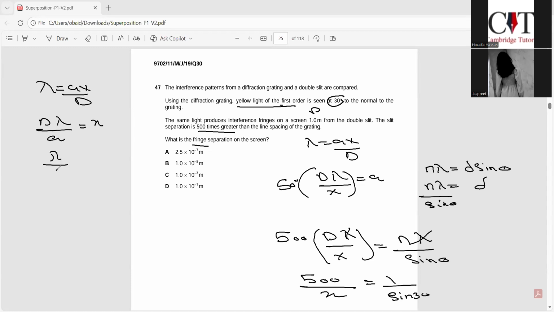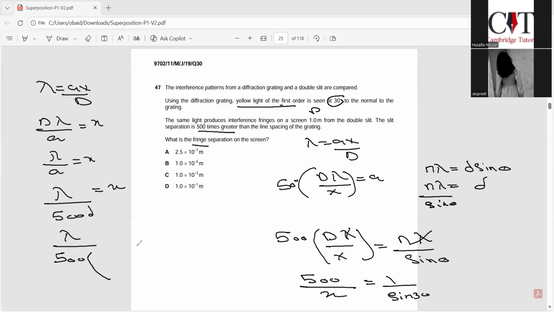Instead of a, I would be saying that a is equal to 500 times d. Yes or no? Instead of a, can I write 500 d? Yeah. So lambda equals 500 into d, and for d we have the formula n lambda upon sine theta.